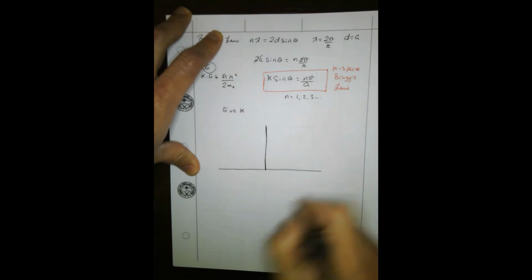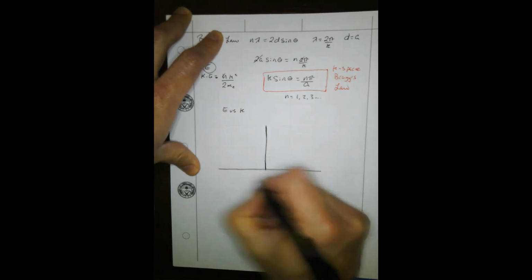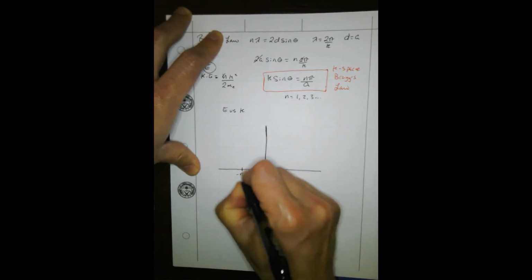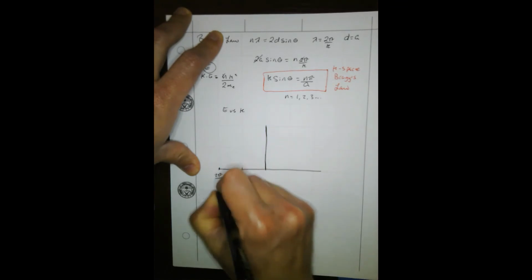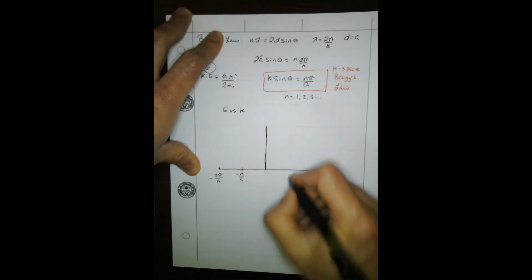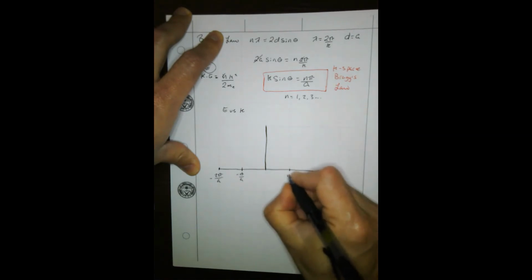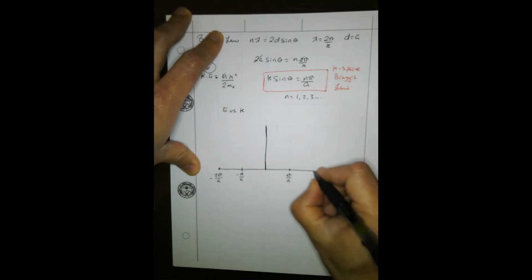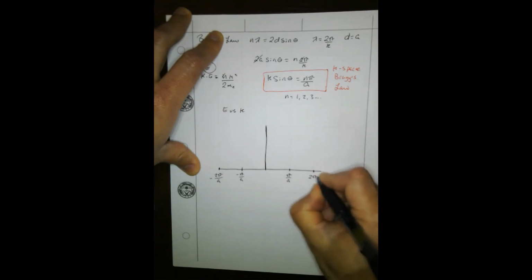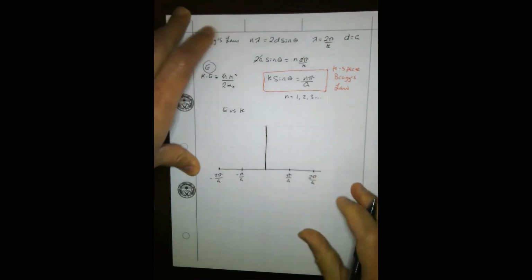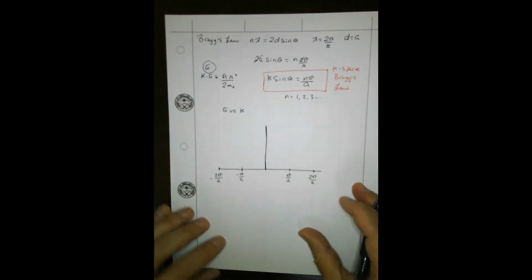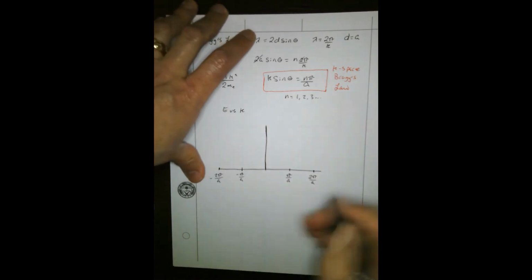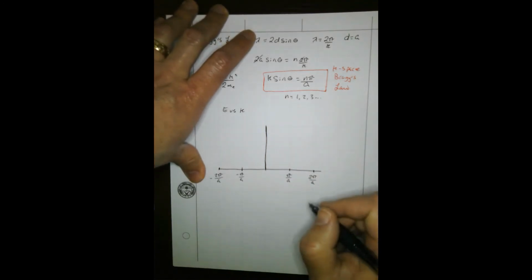On this side we have negative pi over a and negative 2 pi over a. On this side we have pi over a, and over here 2 pi over a. I'll draw the discontinuity on one side just for brevity, and then I'll show you a better cartoon later.